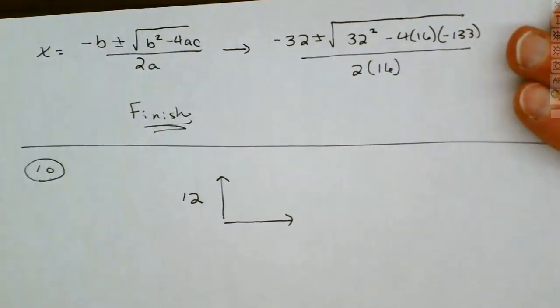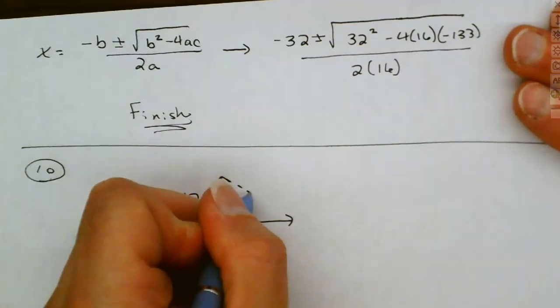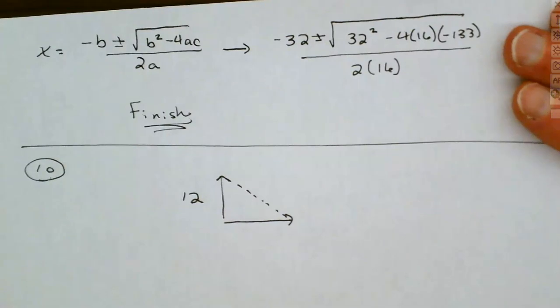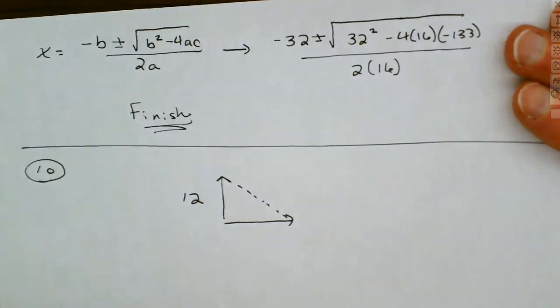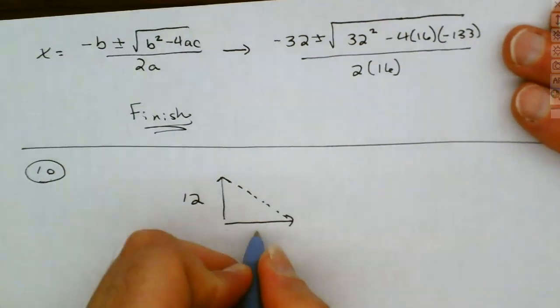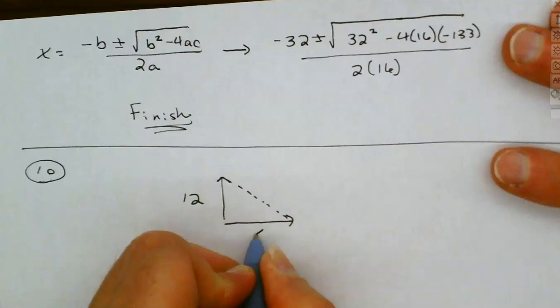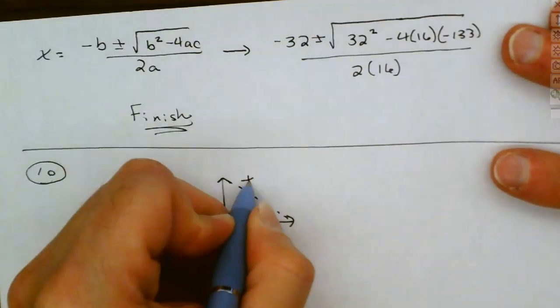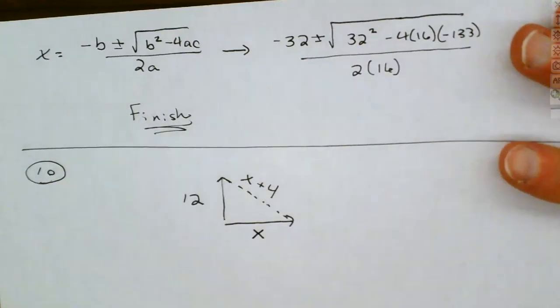The distance between the cars, that's this piece here, this dotted line. And the distance between the cars was 4 miles more than the distance by the car traveling east. Well, we don't know the car traveling east, so we're going to use an x. And we know the distance is 4 more, so that is x plus 4.